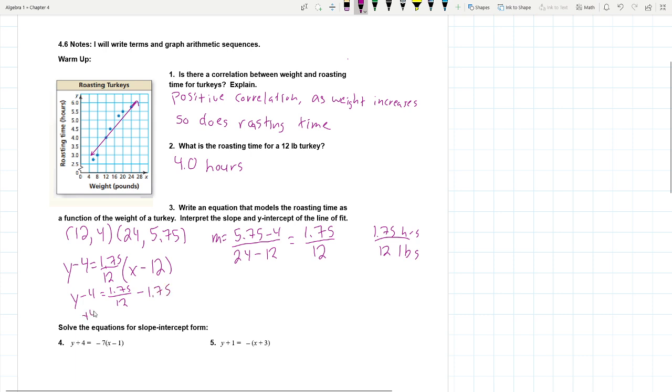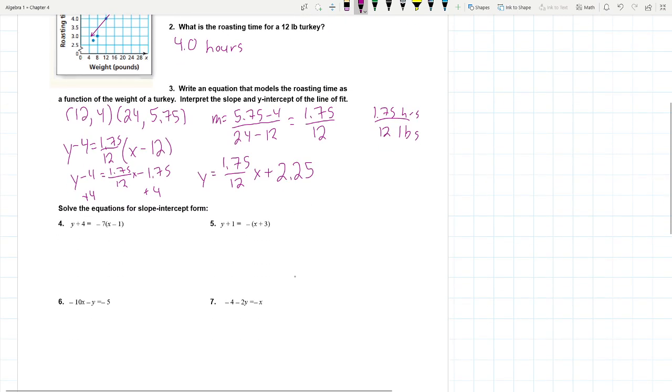We add 4 to both sides, and we get y equals 1.75 over 12x plus, that's almost 2, so it's 2.25. What that means is all of them are going to start at 2.25 hours. That makes sense because you're never going to have a turkey that is at 0. Everything's going to be up here. Is it 100% accurate? No, but it's a good one.